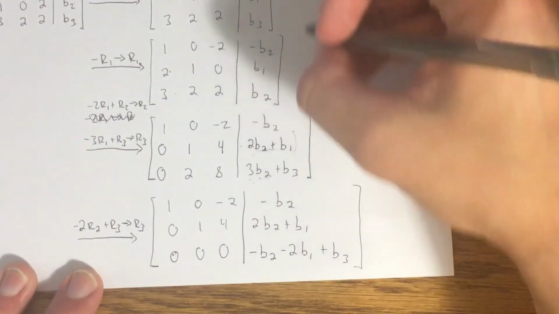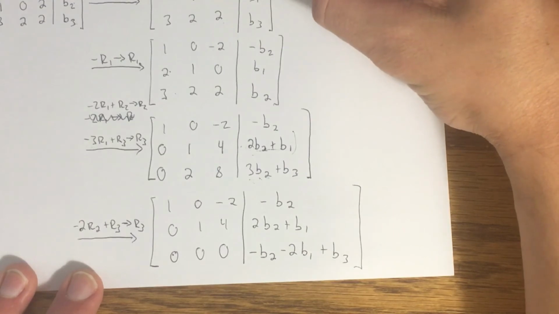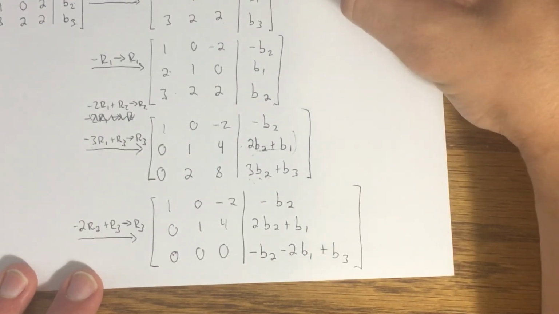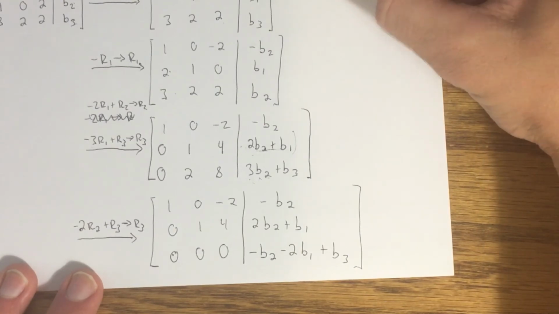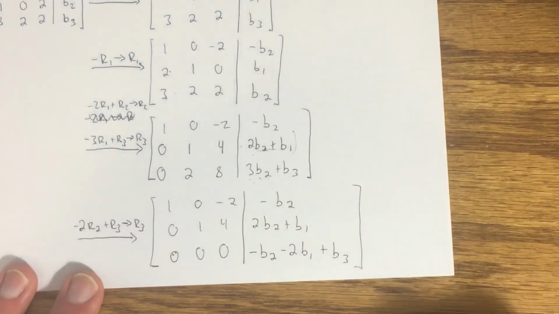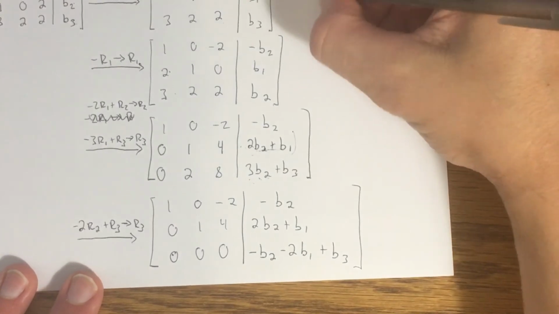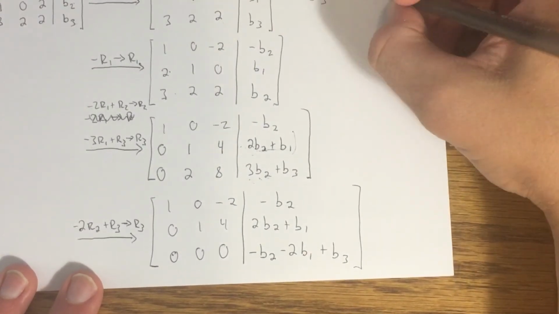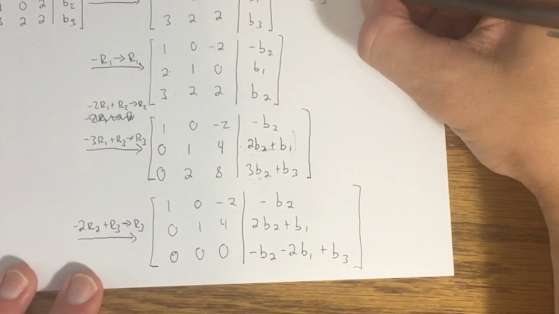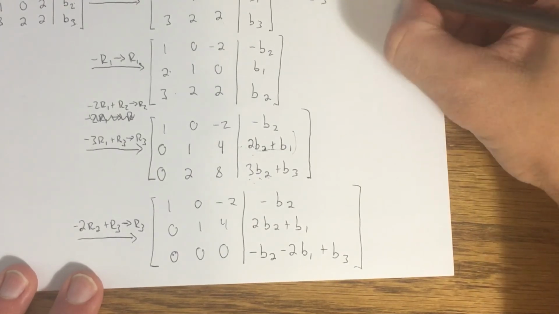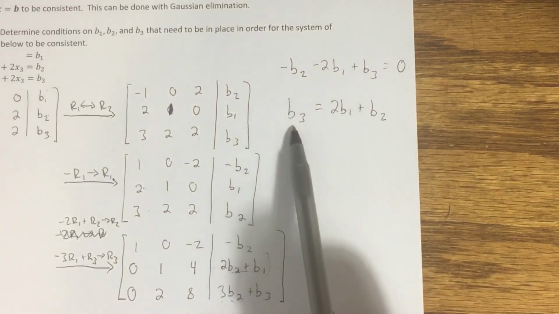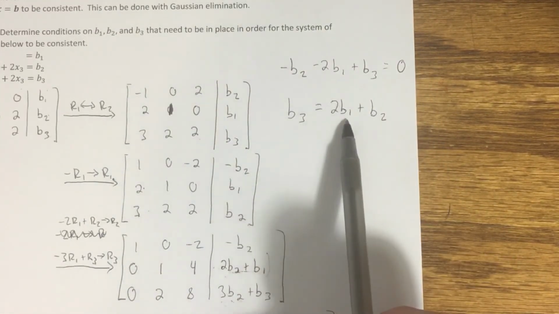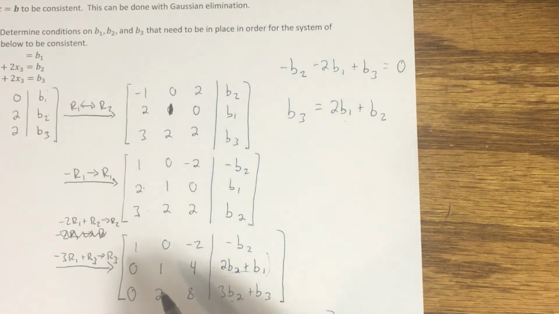What happens if I do that? So if I set -b2 minus 2b1 plus b3 equal to 0, and then solve this for b3, b3 equals 2b1 plus b2. What this does is it tells me what b3 needs to look like in terms of whatever b1 and b2 are.